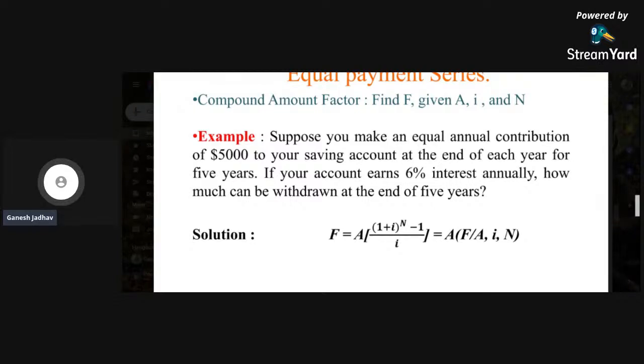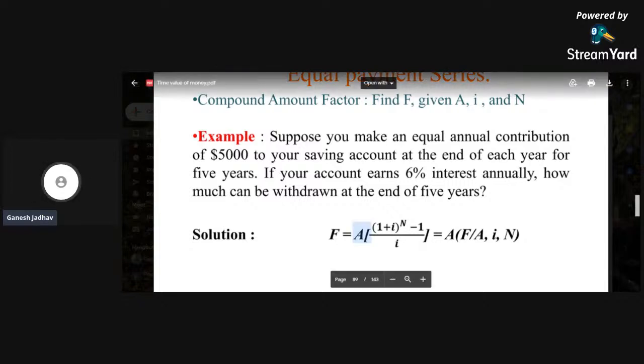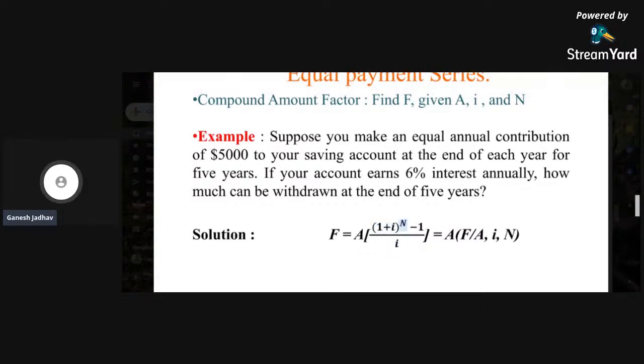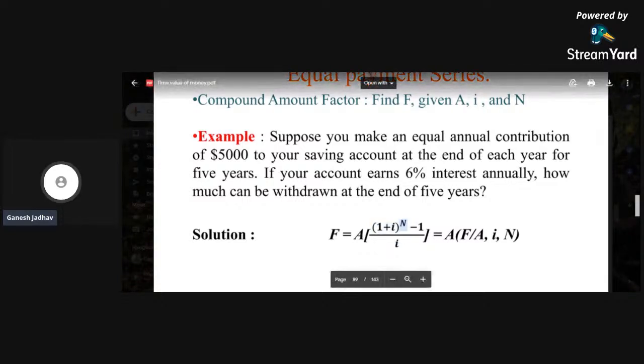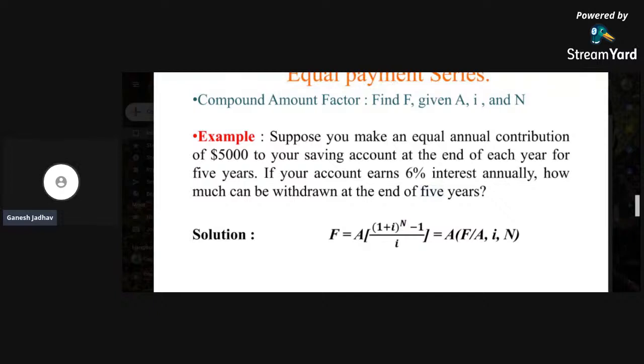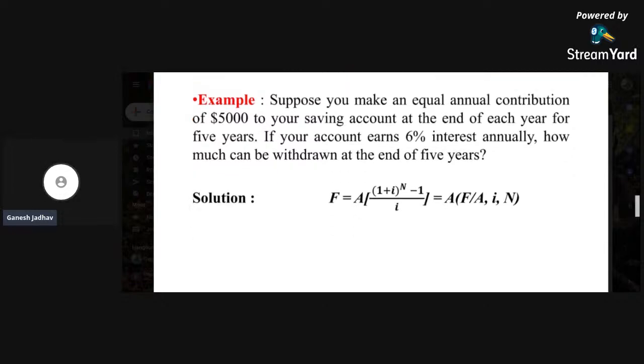What is the value of A? A is equal to 5,000. What is the value of I? I is equal to 6. What is the value of N? N is equal to 5 years. So you can calculate the value of F also.